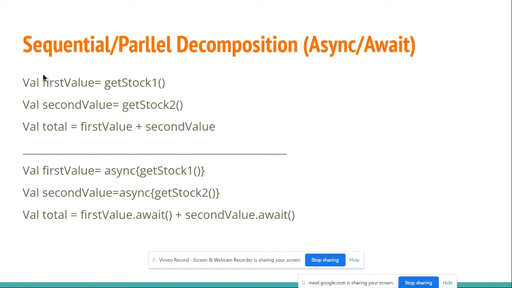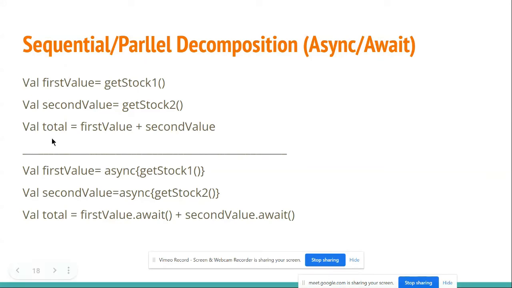In the parallel case, suppose we have a function, get stock, that takes 10 seconds to execute, and a second block of code that takes 12 seconds. So get stock will take 10 seconds and get stock 2 will take 12 seconds, and after that we do the calculations.